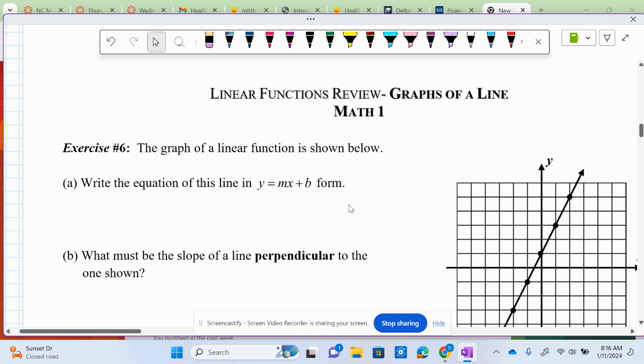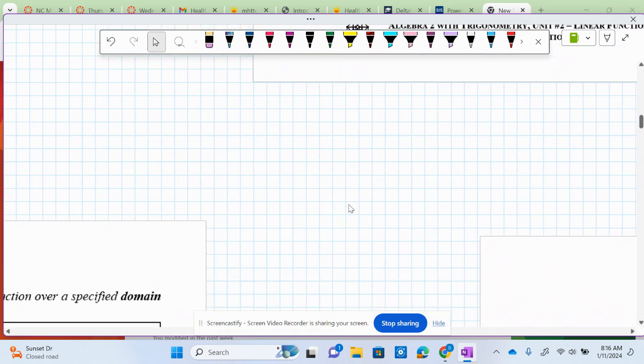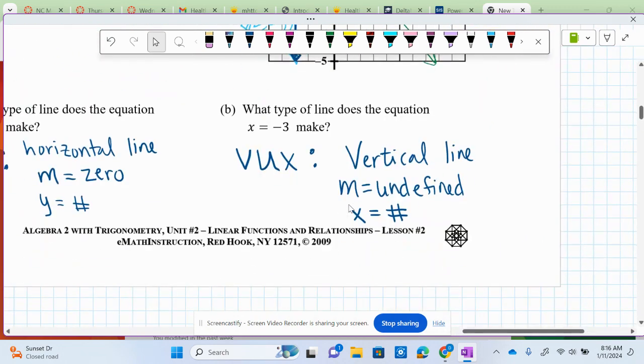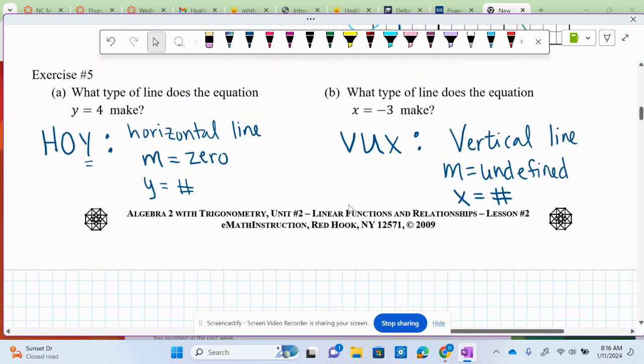What do you got for me? Yep, I'm right there. There you go. So what suburb of Chicago did you grow up in?